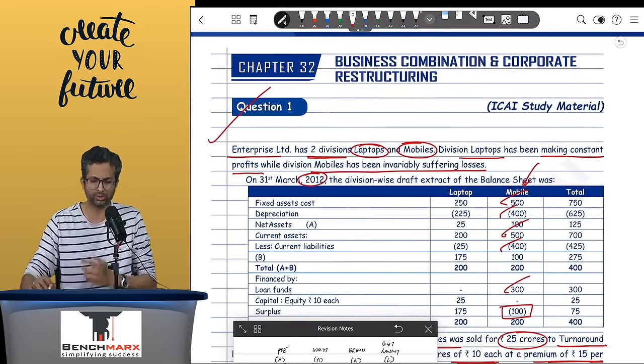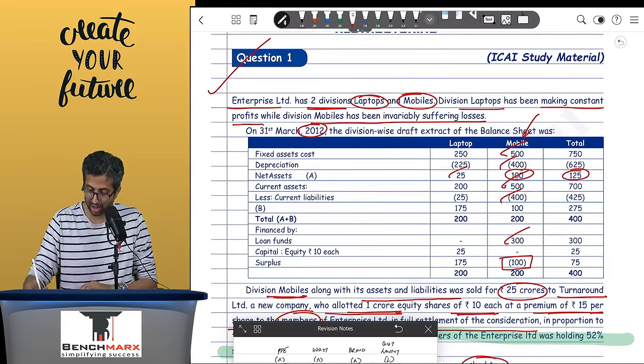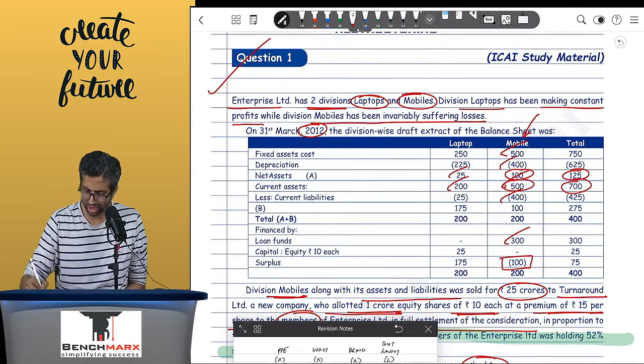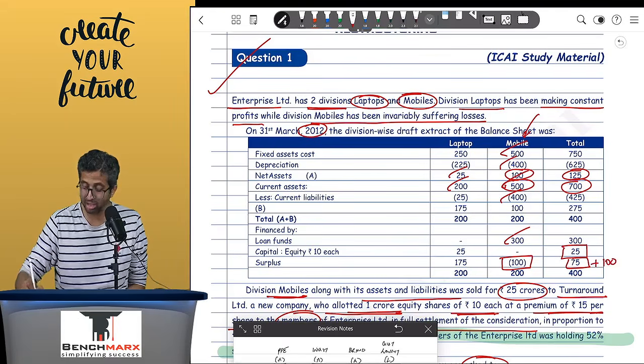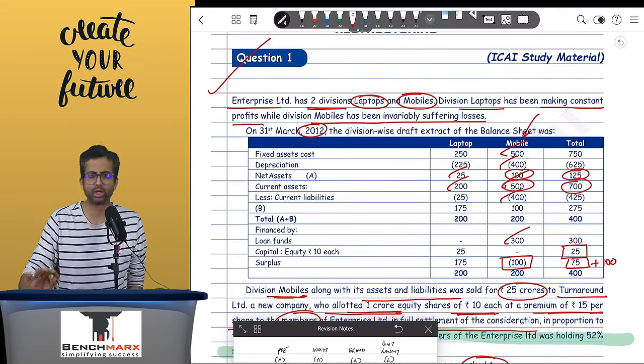Now based on that, if you have to construct the balance sheet, you will have to do it in Schedule 3 format. So you will start with your PPE. It was 125 minus 100, so this will be 25. Apart from that, you will have current assets 700 minus 500, so this will be 200. Current liabilities will be shown separately in the liabilities section. In your share capital, you will still have a share capital of 25 crores. Your reserves will be 75 total, but to that 75 you will add 100 of capital reserve, and hence your balance sheet will have 175 worth of reserves.